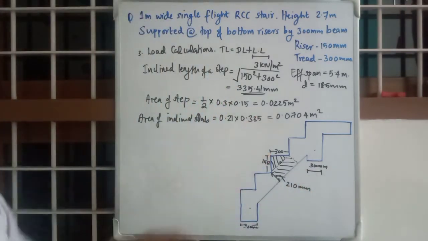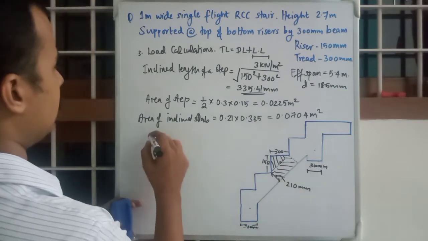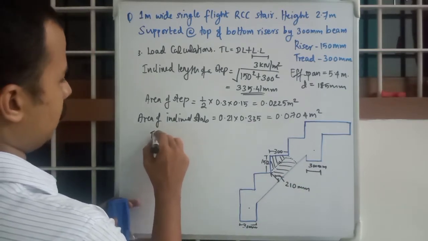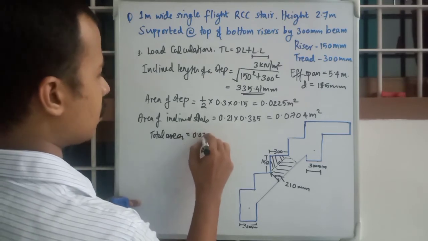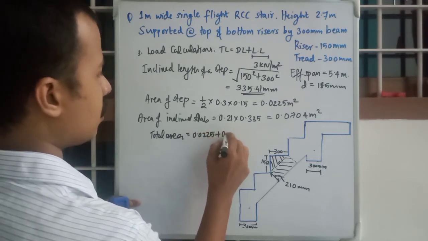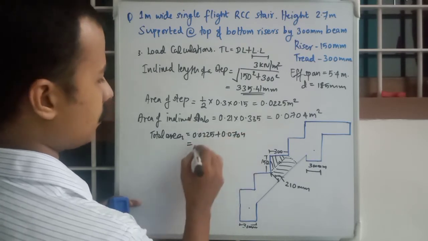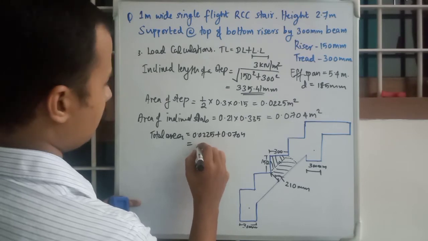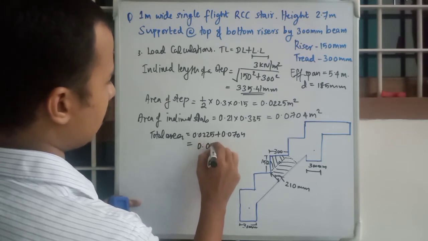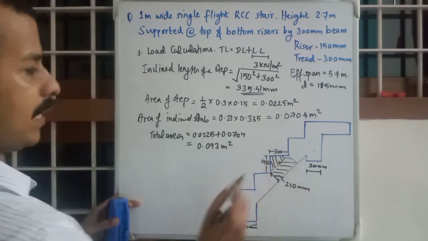Now you can just add these two to get the whole area. Total area is equal to 0.0225 plus 0.0704, that is 0.093 meter square shaded area.